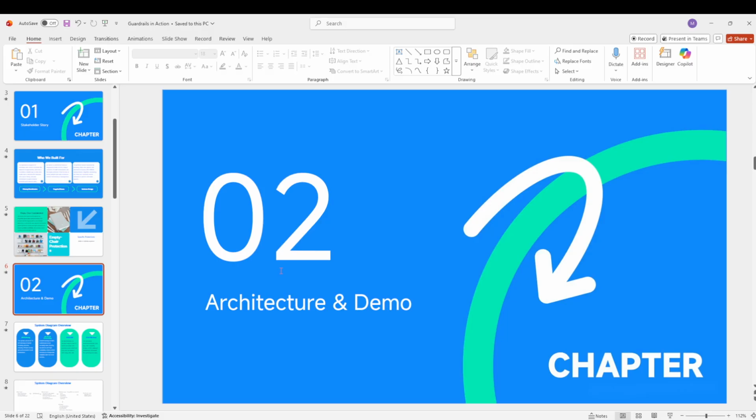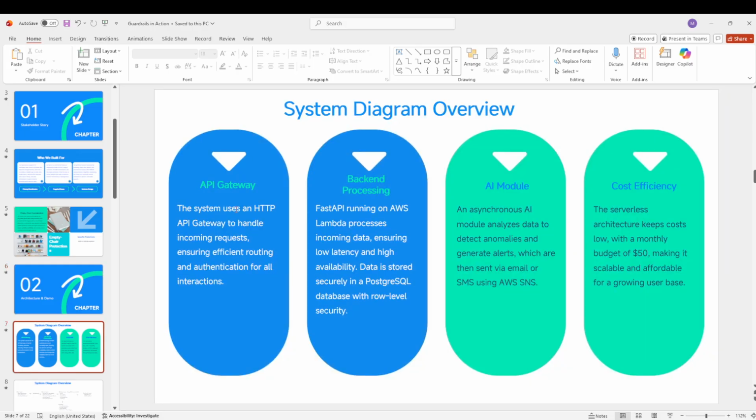So moving on to our architecture, here is a brief overview of each component of our system. We have an API gateway that efficiently handles requests and authentication. We have backend processing running on Lambda, so we can ensure low latency and high availability, and hopefully keep our system scalable.